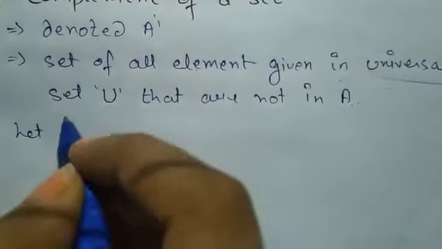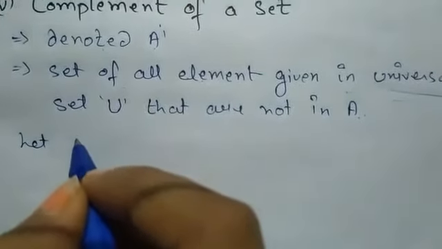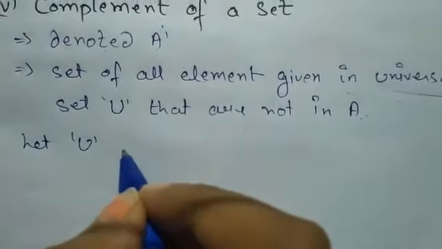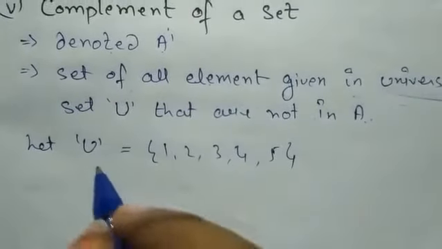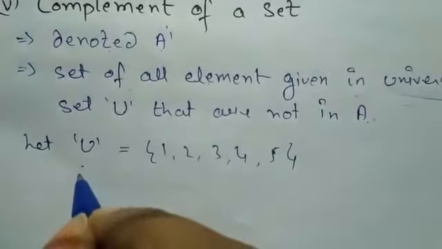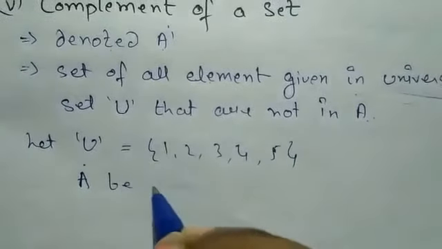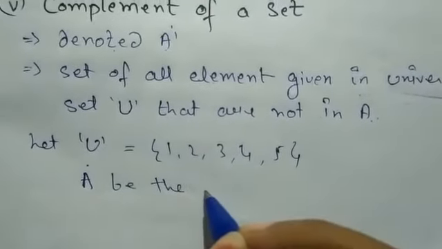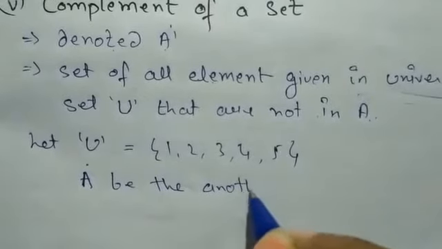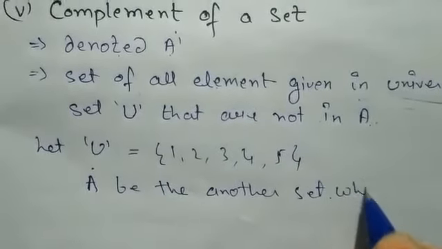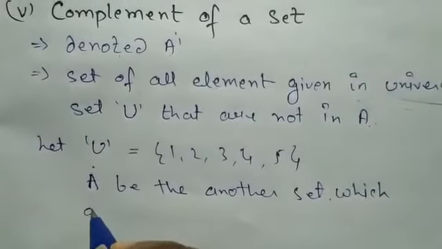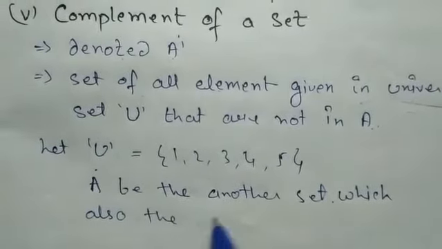Let any universal set U have elements 1, 2, 3, 4, 5 and A be another set which is also a subset of U.